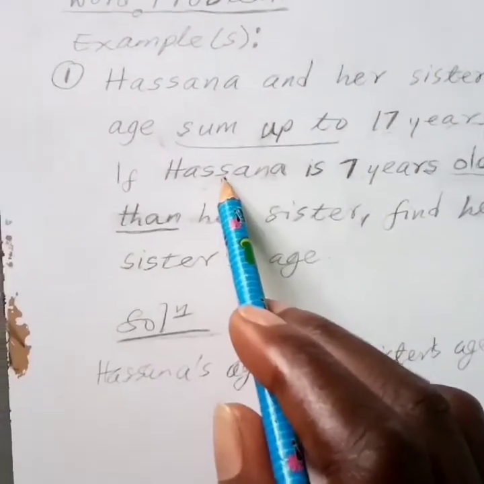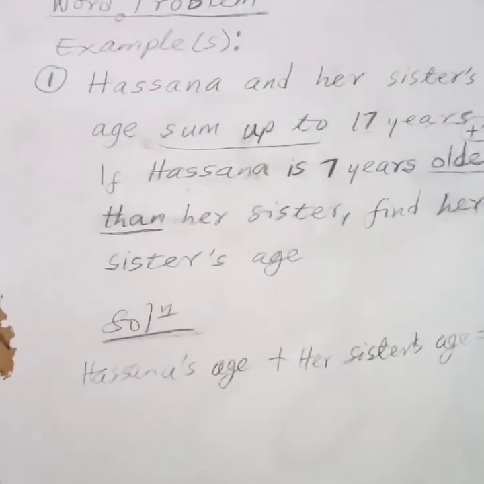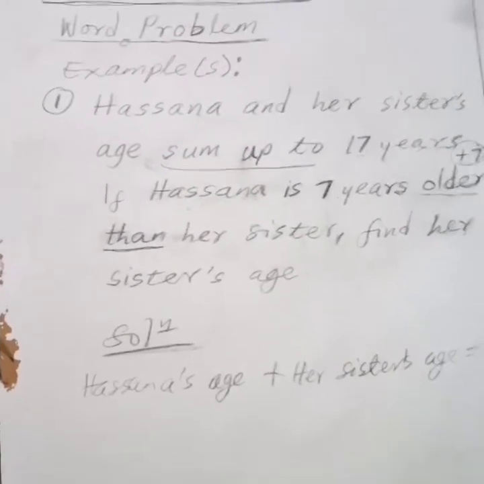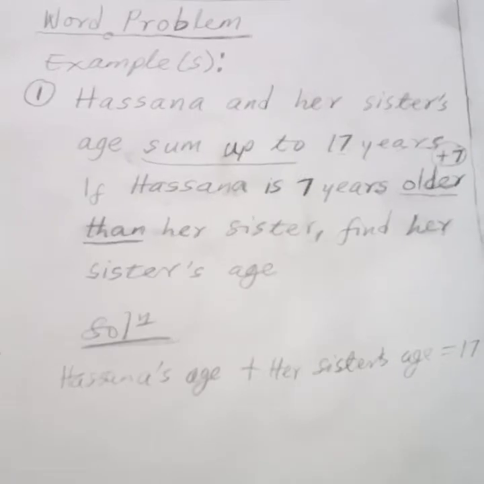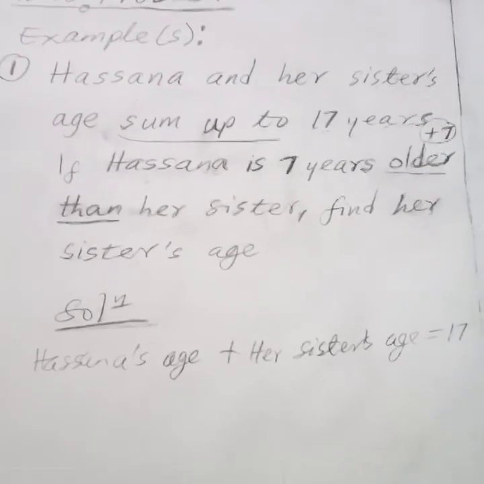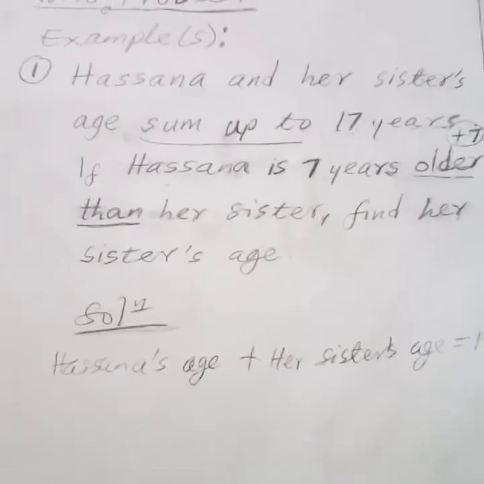So here in mathematics, because we don't know the sister's age, we must represent it with a variable. We can get Hasana's age depending on that of the sister's age. That's why we are representing it with a variable.